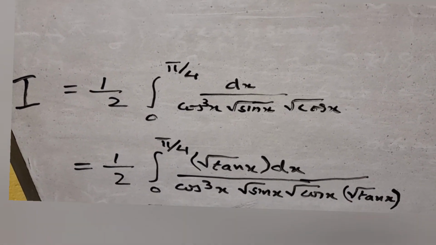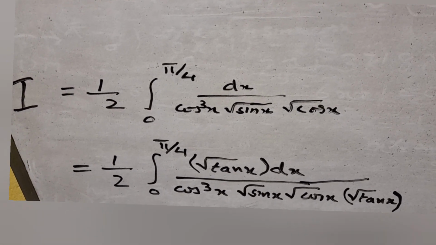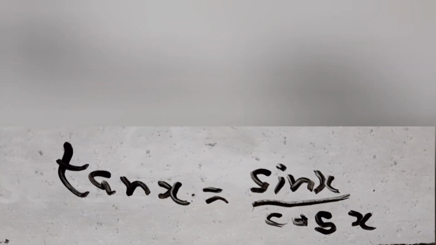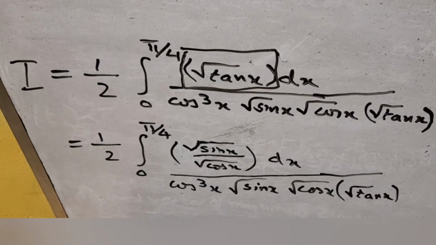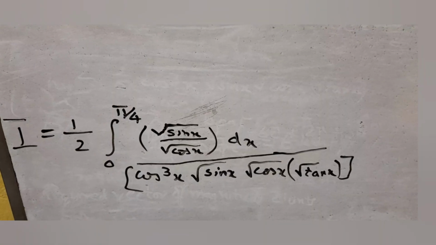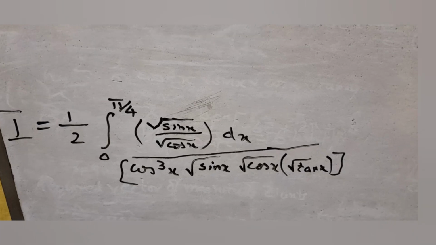Use tan x equal to sin x by cos x for the expression in the numerator only. So root tan x in the numerator will become root sin x by root cos x. Rearrange and cancel.